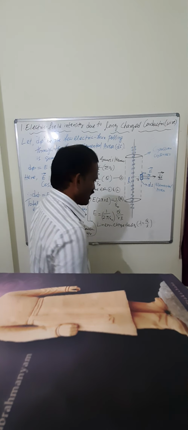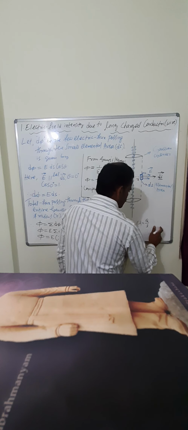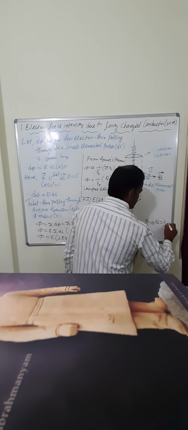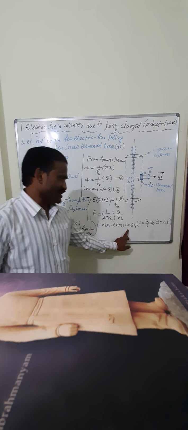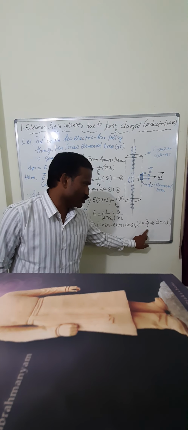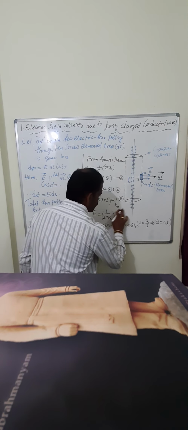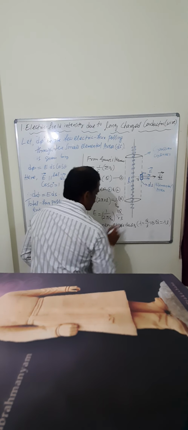Linear charge density lambda is equal to Q by L. This implies Q is equal to lambda into L. Please observe carefully: linear charge density is defined as the ratio of charge per unit length. If lambda is equal to Q by L, therefore Q is equal to lambda into L. Instead of Q, just write lambda into L.